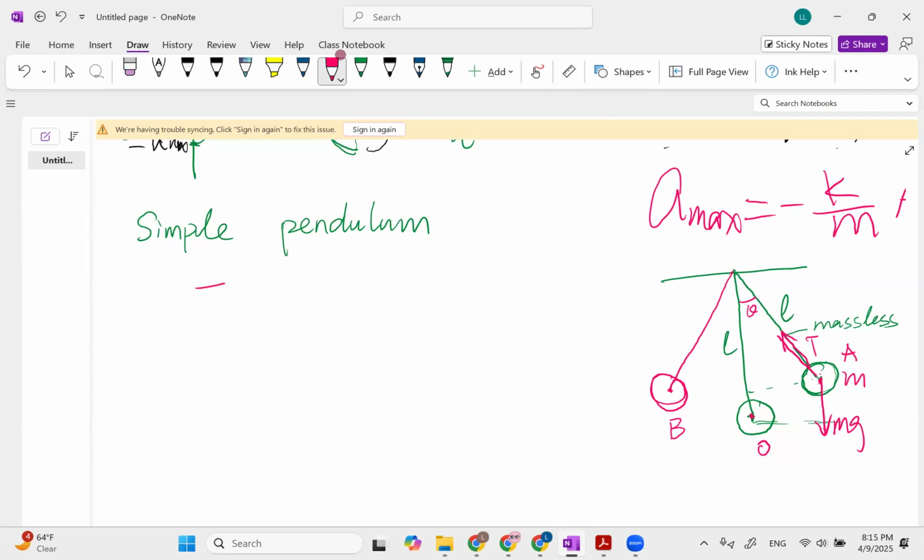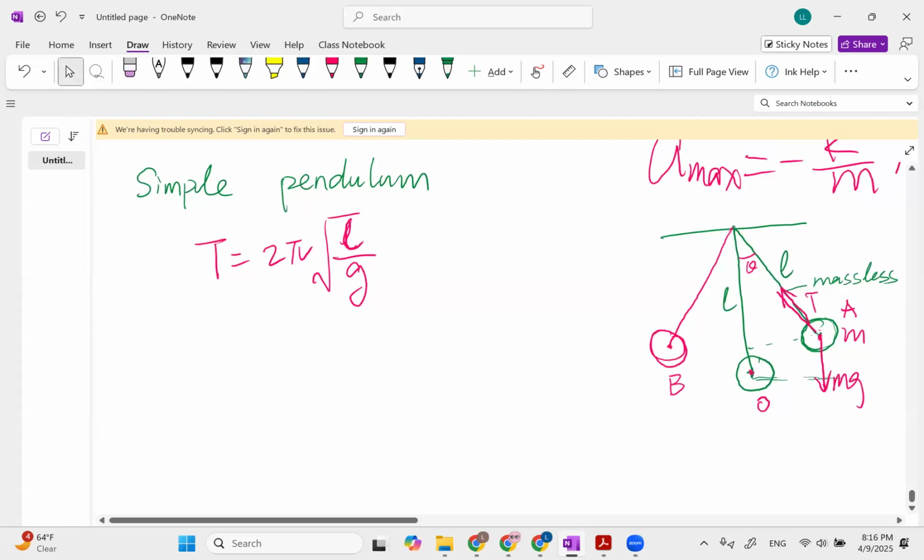So in this case, what does the period depend on? The period is 2 pi square root of L over g.